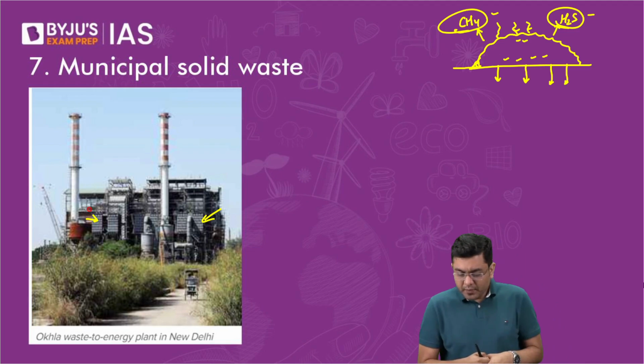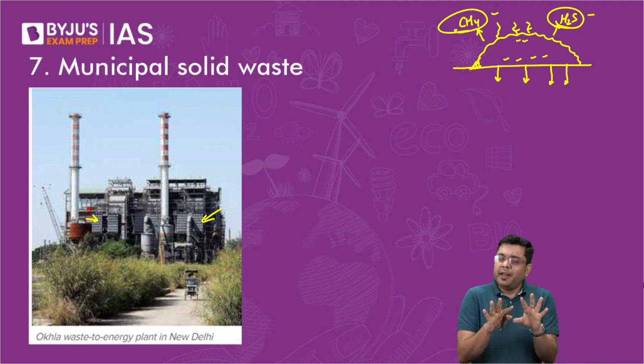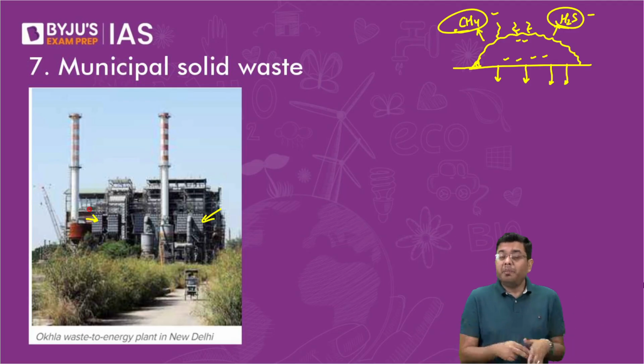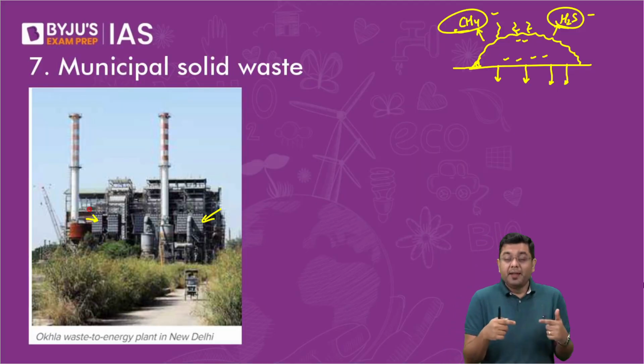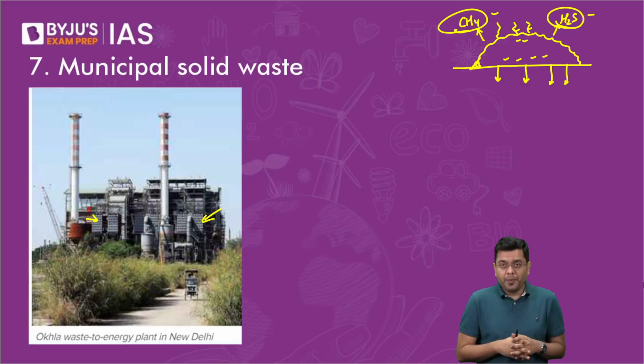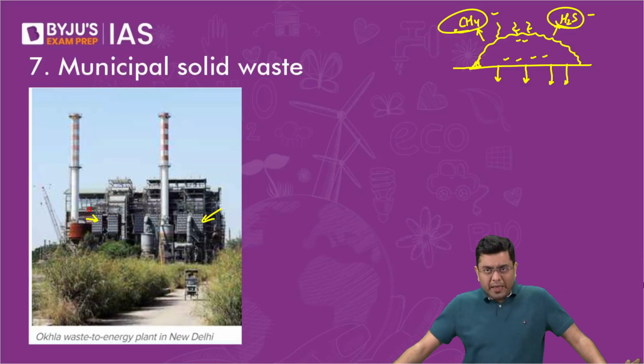Okay, in Indore also this is done. But see, in Indore, as in many other parts of the country, the plant is running properly well, right? It is not the case that the plant has been ordered to shut down. You have many such waste-to-energy plants which are running perfectly well.